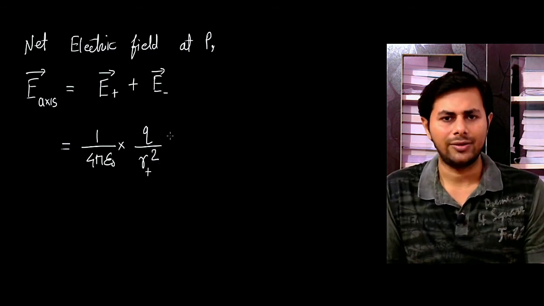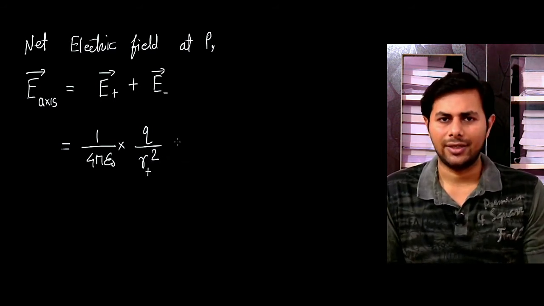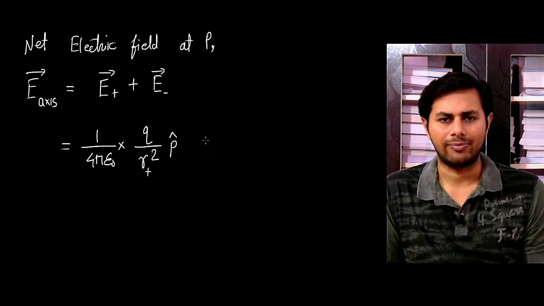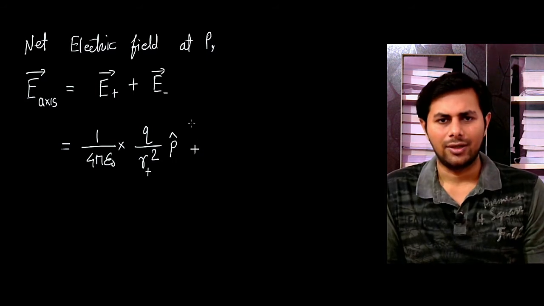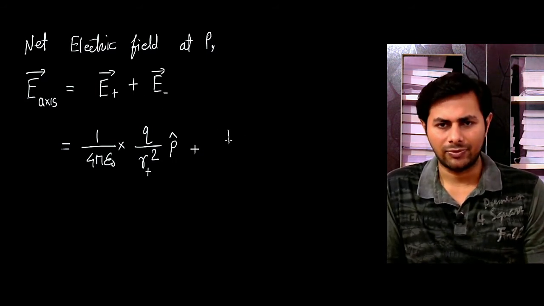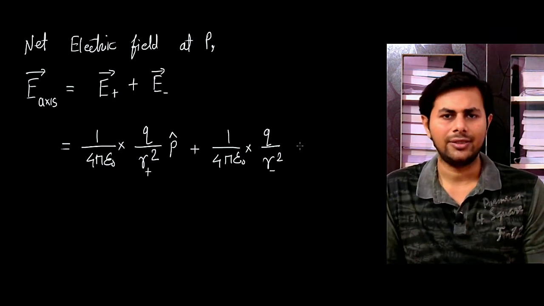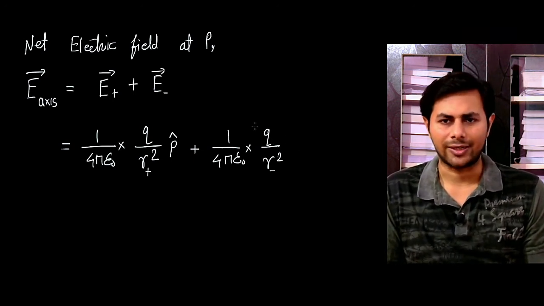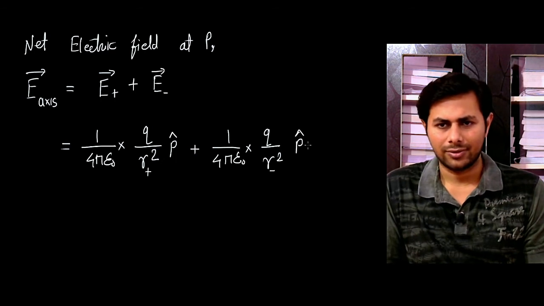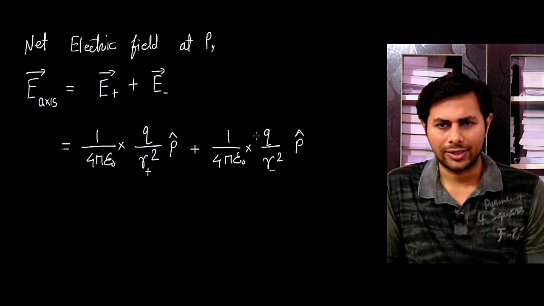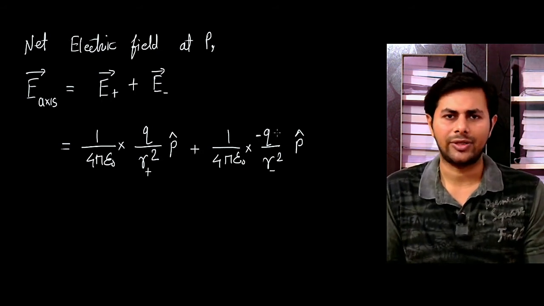So R plus square, and it is directed in the direction of the electric dipole moment, so P cap. Okay. And E minus bar is 1 over 4 pi epsilon naught times Q over R minus squared. So this is the magnitude, and it is directed along P minus bar. So we show this unit vector P cap to show the direction and put a negative sign in front of the charge.